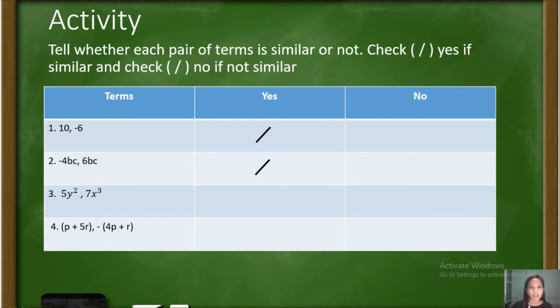So therefore, they are not similar. Di ba nga? Hindi pareho yung kanilang variable and also yung kanilang exponent. For number 4, the term p plus 5r and the term negative the quantity of 4p plus r. Are they similar or not?